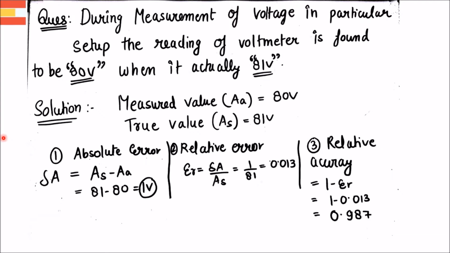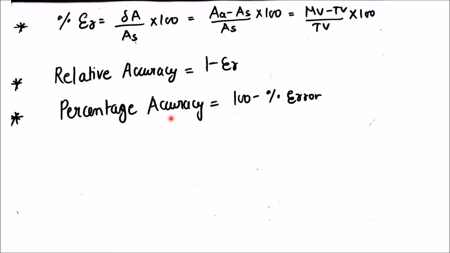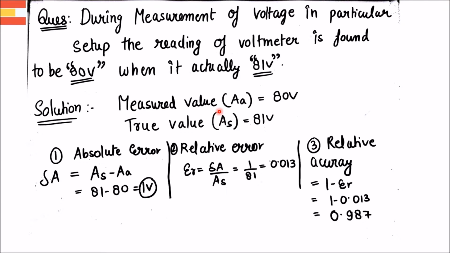So absolute error is just the difference of both. We get 1 volt, and this 1 volt is del A. We have to replace it in the relative error form, and AS here is the true value, which is 81. We get the relative error, and relative accuracy can be calculated by subtracting it from 1. Similarly, if we get the percentage of this ER and subtract it from 100, then we get the percentage accuracy.